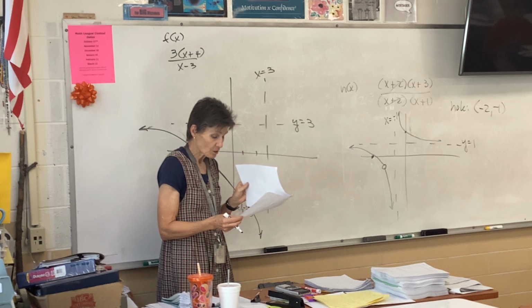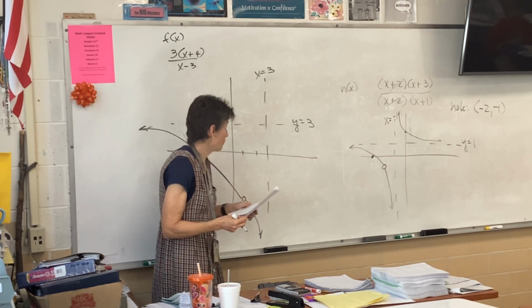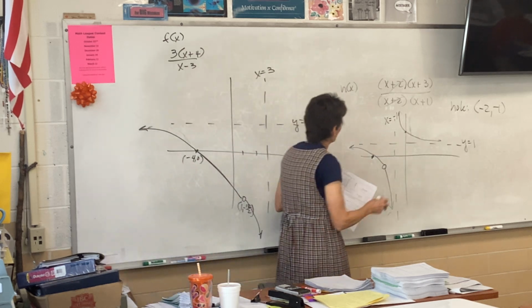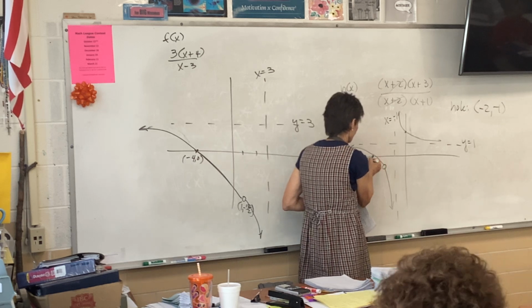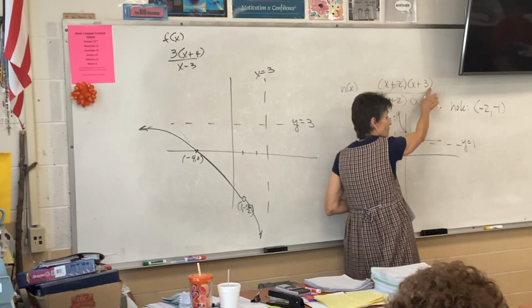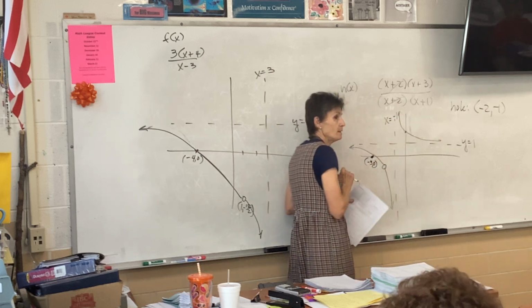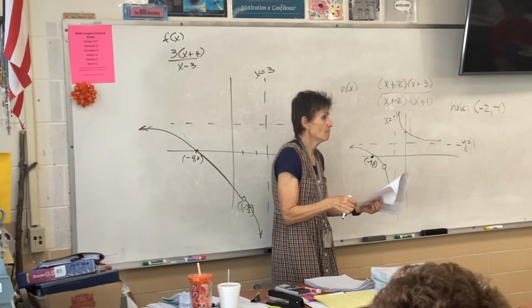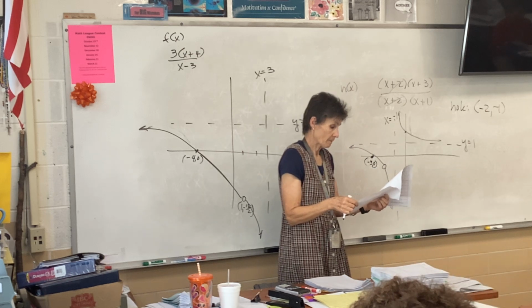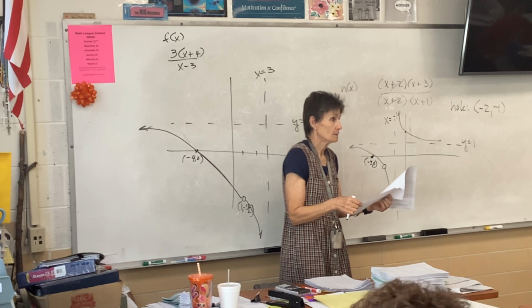And H has a 0 right here, -3. Remember, zeros come from the numerator, -3. So what's the odd one out there? -4? 4A. 4A, -4.